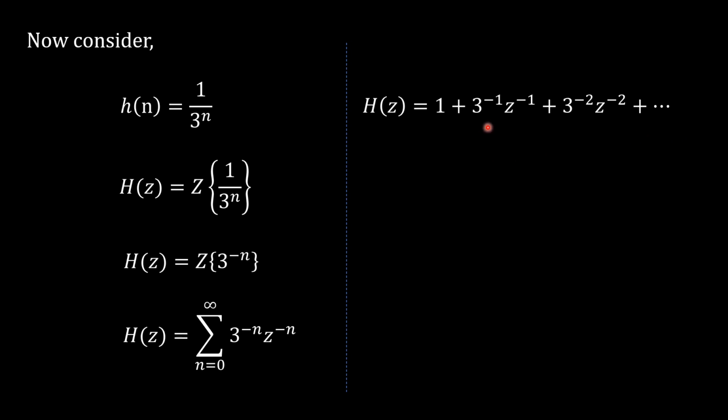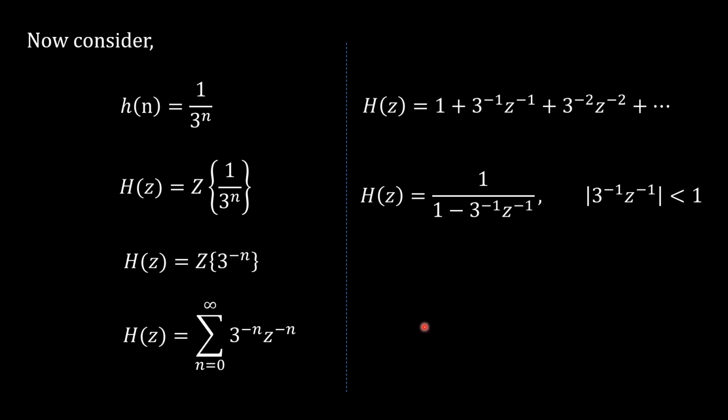Which is again in geometric progression with first term as 1 and common ratio as 3 raised to minus 1 z raised to minus 1. Therefore, infinite sum is given by 1 upon 1 minus 3 raised to minus 1 z raised to minus 1, with modulus of the common ratio 3 raised to minus 1 z raised to minus 1 strictly less than 1.